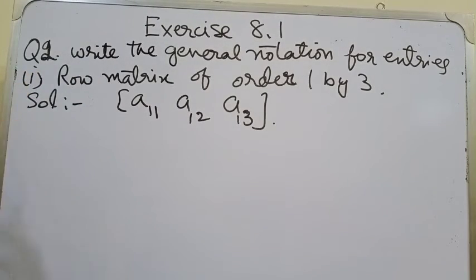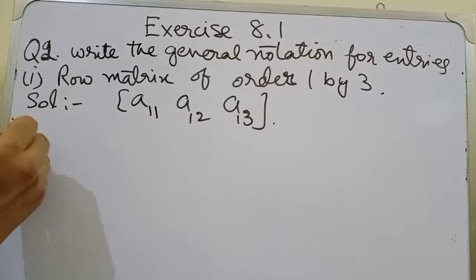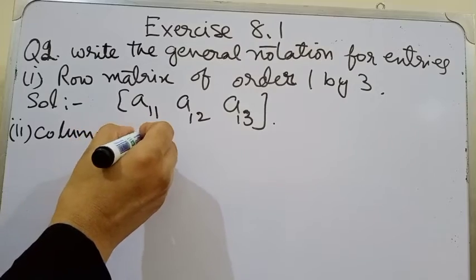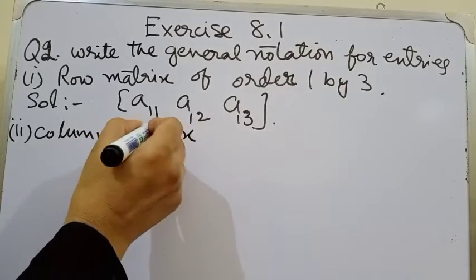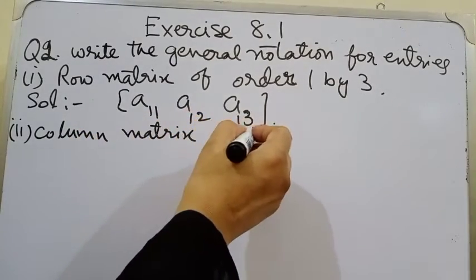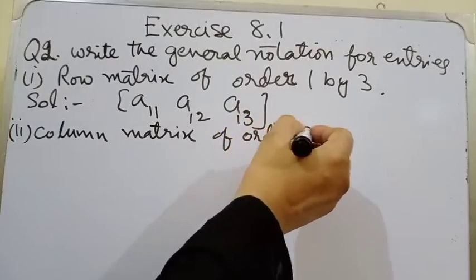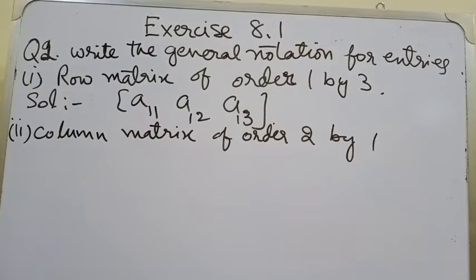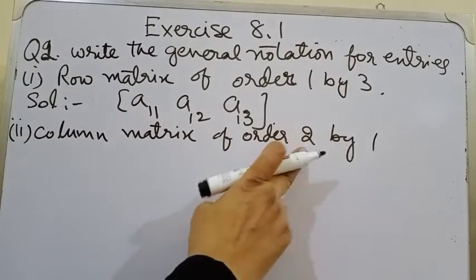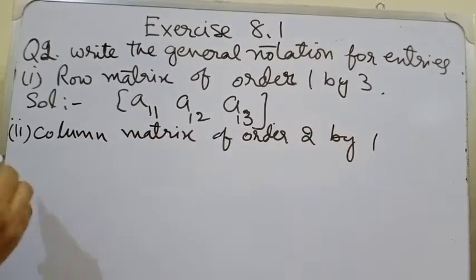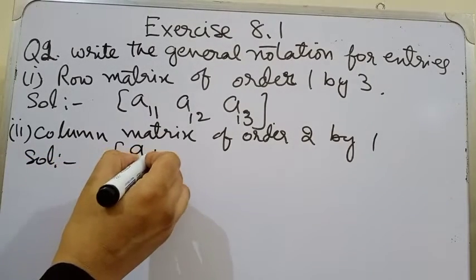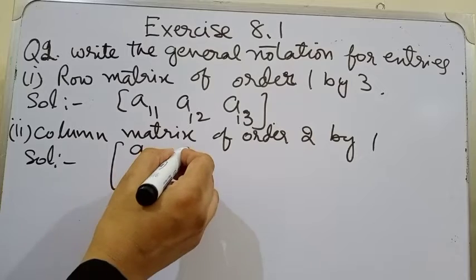Next we have a column matrix of order 2 by 1. We observe that here we have 2 rows and 1 column, A11, A21.